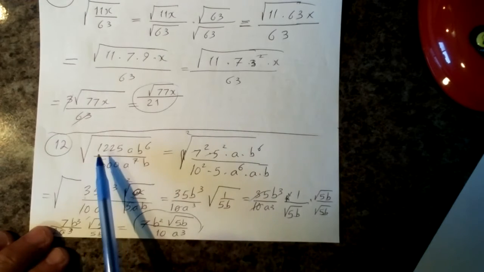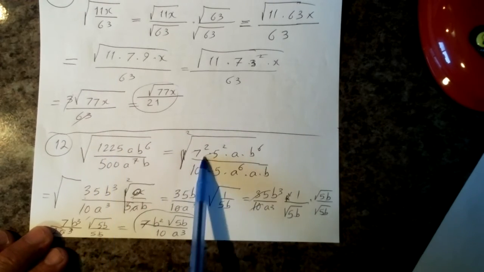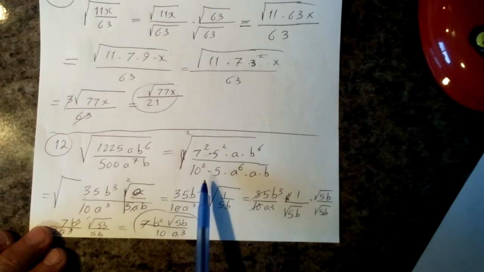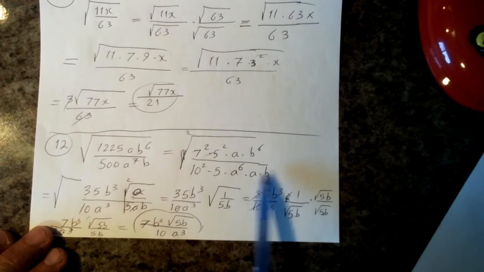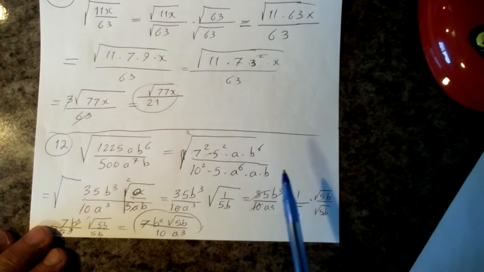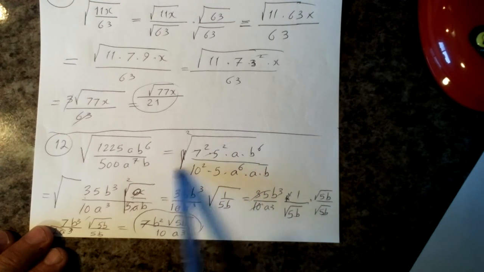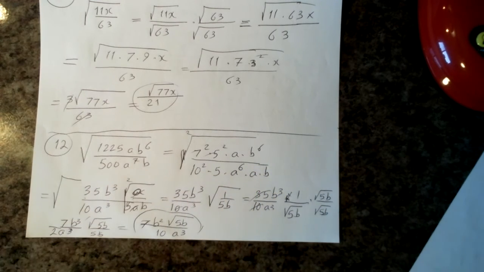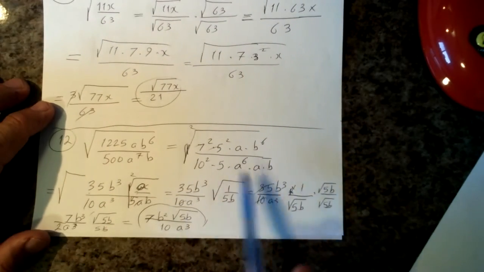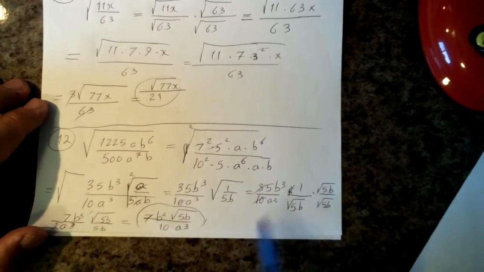You have to take 1225 and break it into these. 500 is 100 times 5. Simplify all this. Even cancel some of these A and A. A6 is A5, and then some of these A comes out, and you come up with the final. This is kind of a lot of numbers and variables involved for these problems.